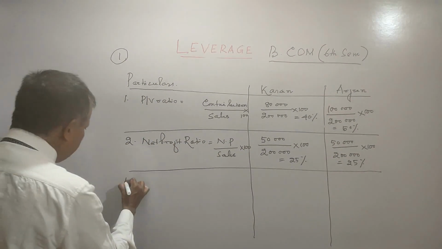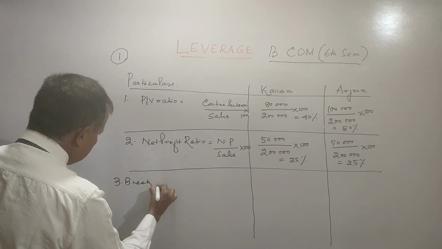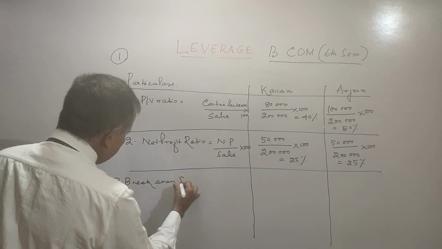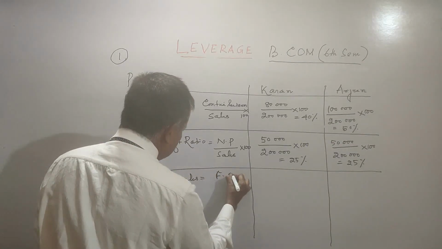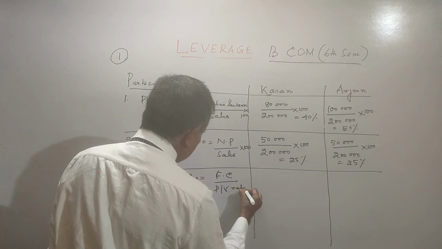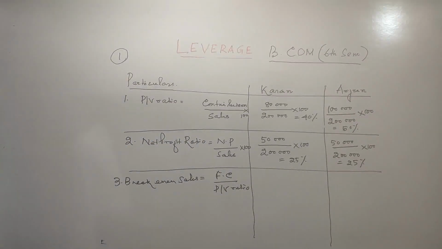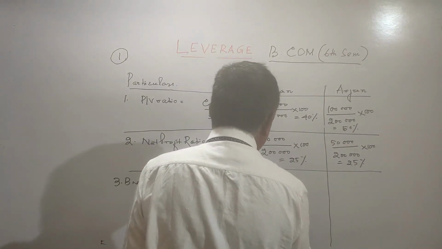Now that is break-even sales. Break-even sales is your fixed cost divided by PV ratio. So if we take the fixed cost here, in case of the first one, Karan, the fixed cost is 30,000.